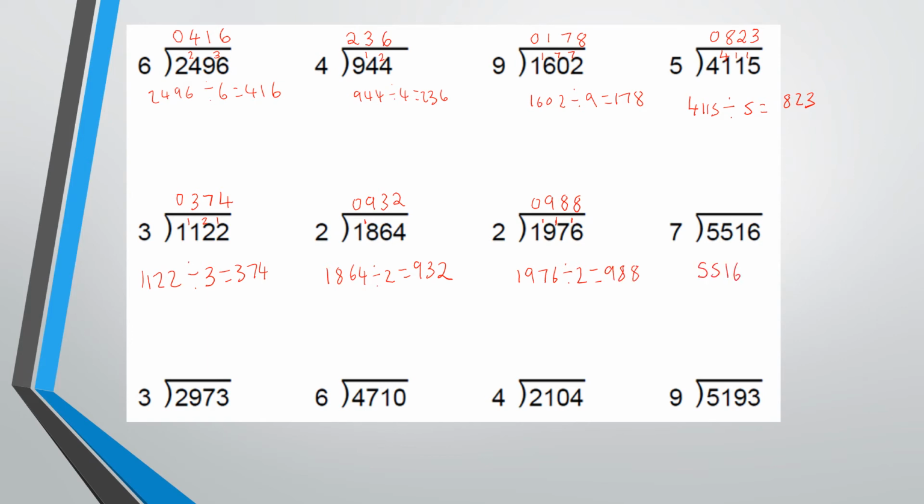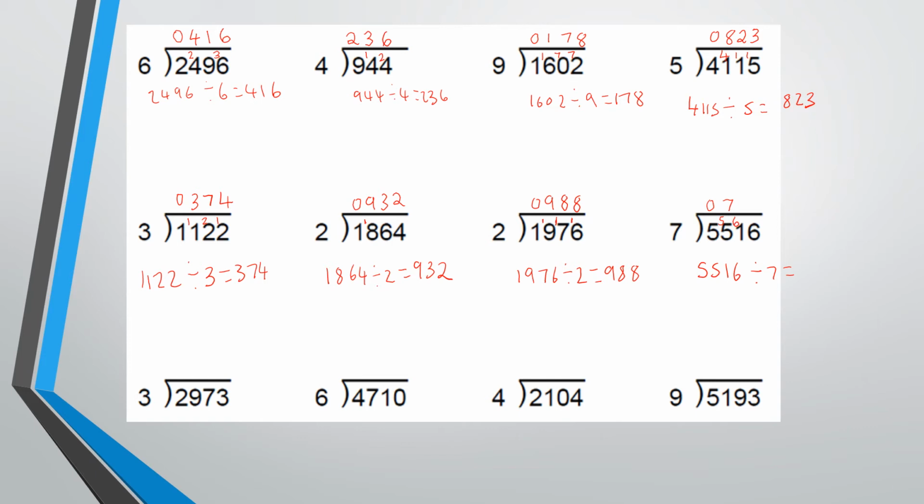Next one is 5516 divided by 7. So 7 won't go into 5, so carry that 5 over. We're looking for 7 into 55, so that's going to be 7, because 7 times 7 is 49, and 7 times 8 is 56. That's going to give us 6 left over.